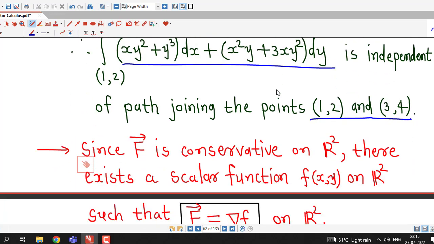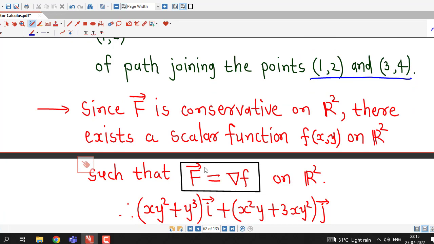Because F bar is conservative on R², there exists a scalar function f on R² such that F bar is equal to the gradient of that scalar function. Now we are interested in this potential function for this conservative field F bar. For that we put the values of F bar and the gradient of f, and then we compare the two vectors.